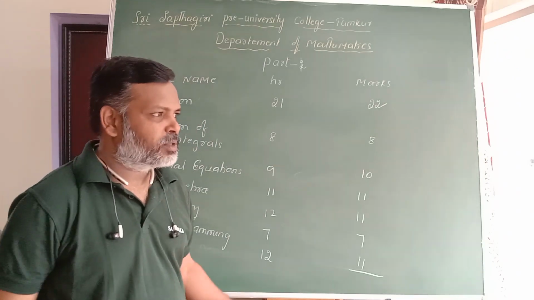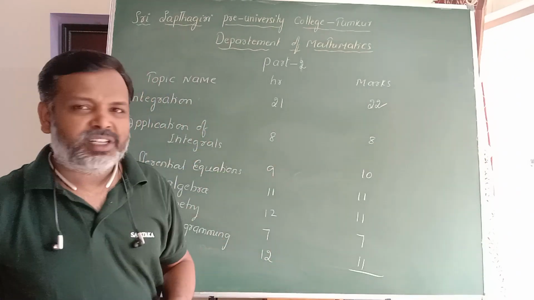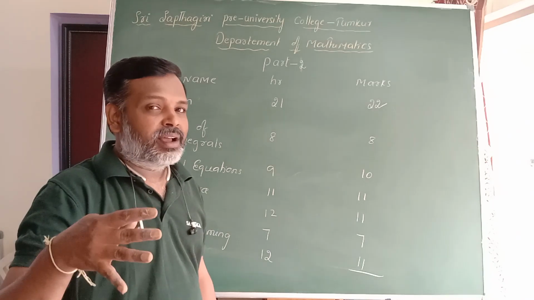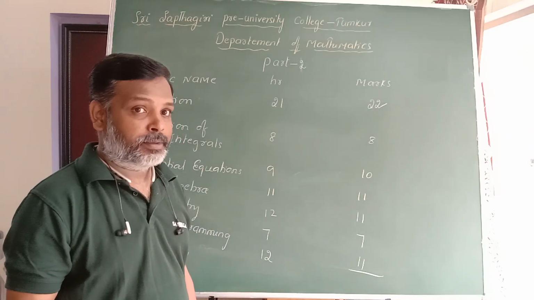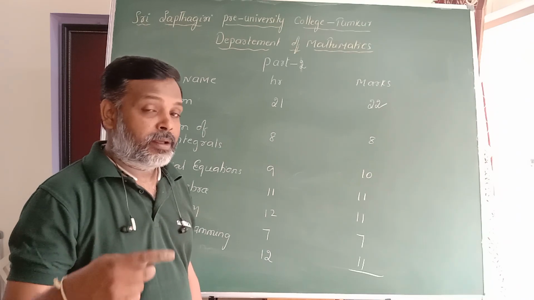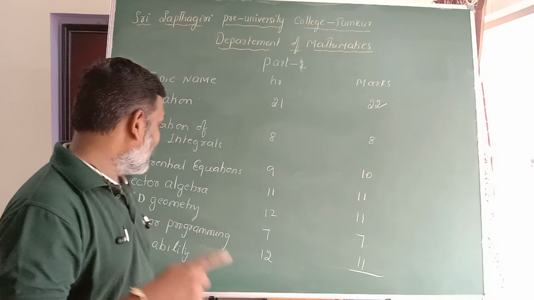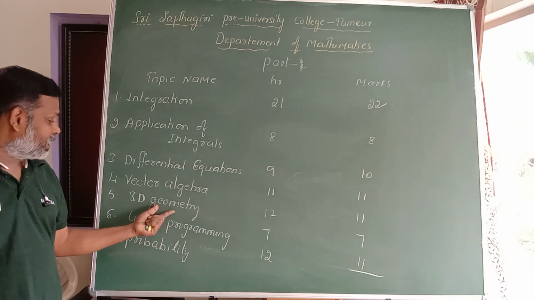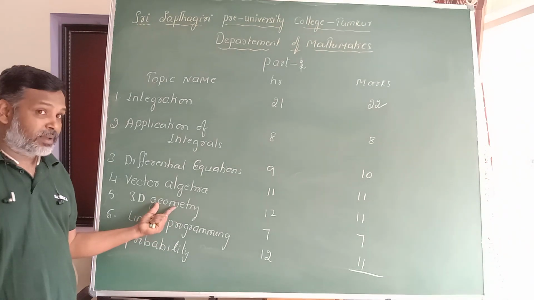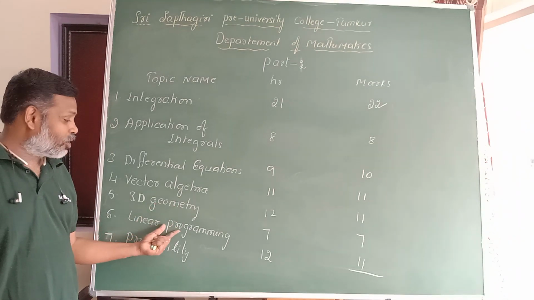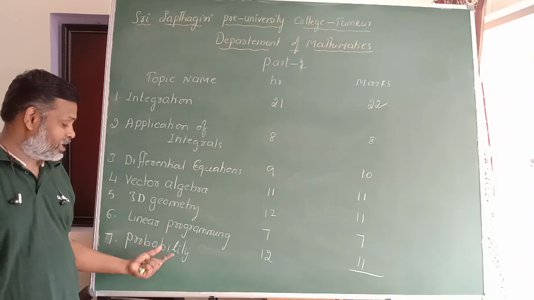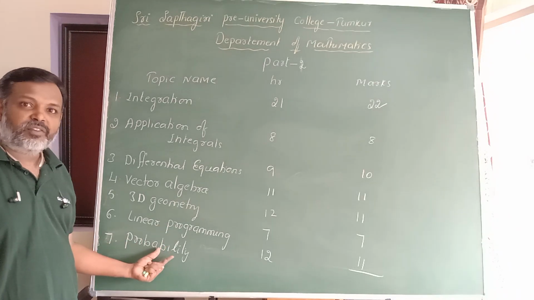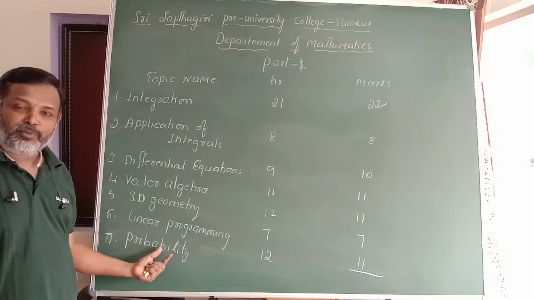Many topics are directly connected from first PUC, for example relations and functions, inverse trigonometry, continuity and differentiability. 3D geometry is connected from the same 3D geometry. Linear programming is connected from linear inequalities in first PUC, and as usual probability is also a first PUC carried portion, right?